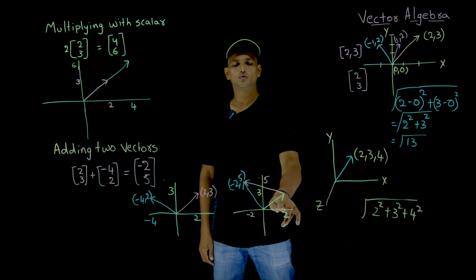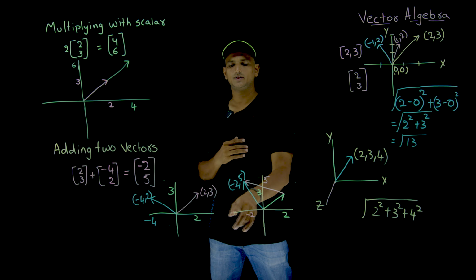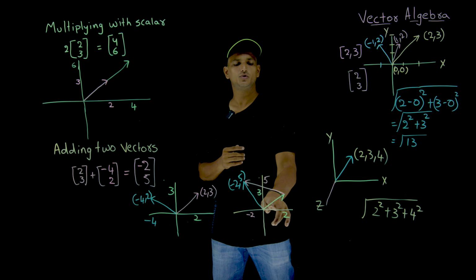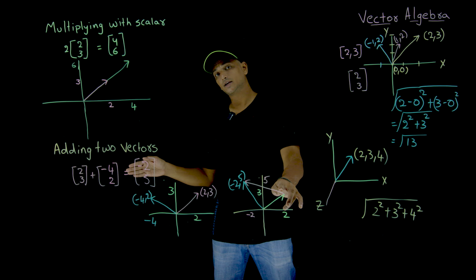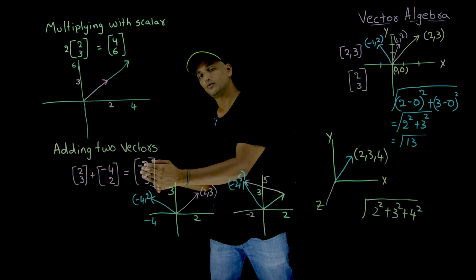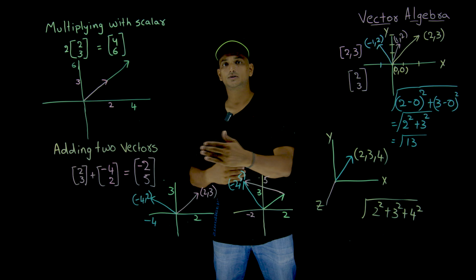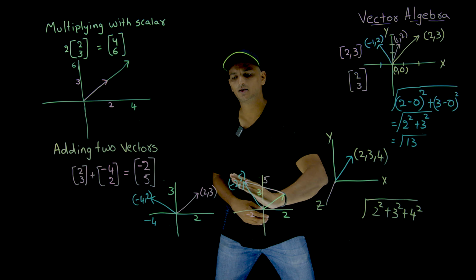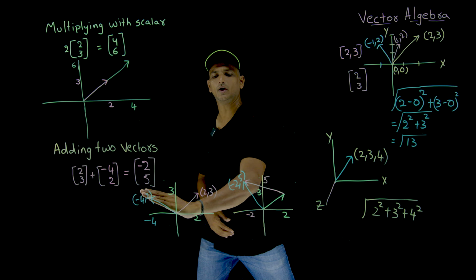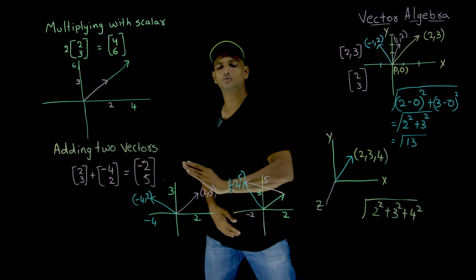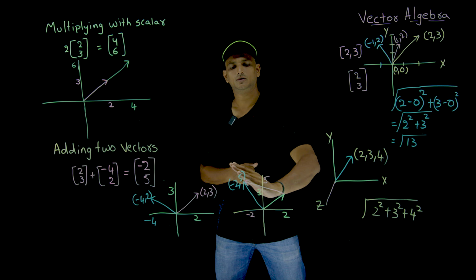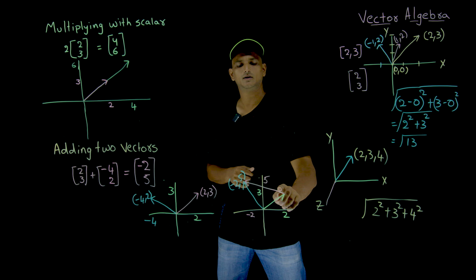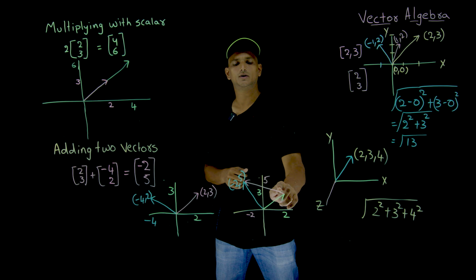So it moved along the first vector, showing that (2, 3) means 2 units towards the x-axis, and from here onwards minus 4 units towards the x-axis, means again it is moving back. Adding means that is what happens. So that's why this (-4, 2) is brought exactly to the tip of the (2, 3). So if you bring it like this here, this is (-4, 2).